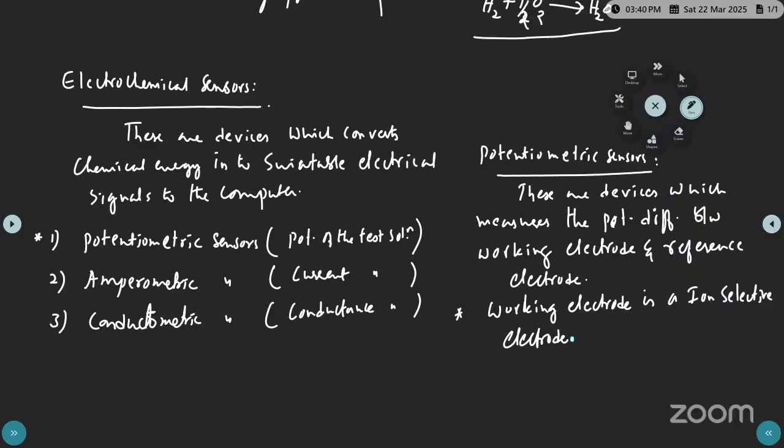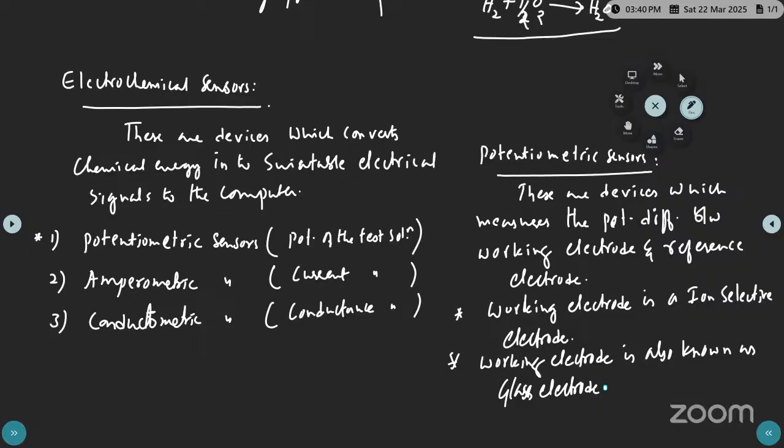Ion selective electrode. And working electrode is also known as glass electrode. Glass electrode అని కూడా అంటాం దీన్ని.